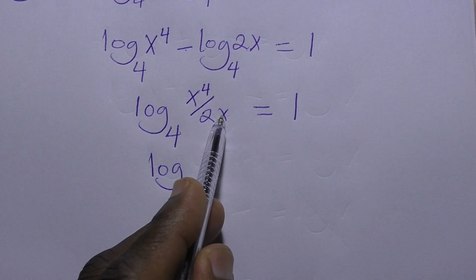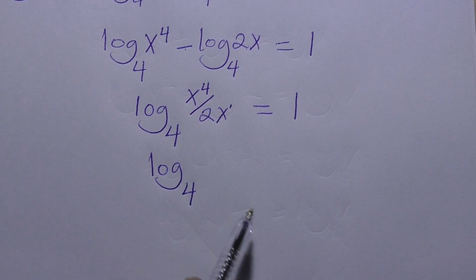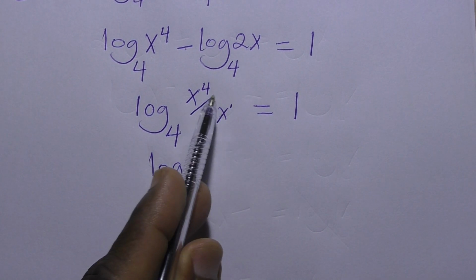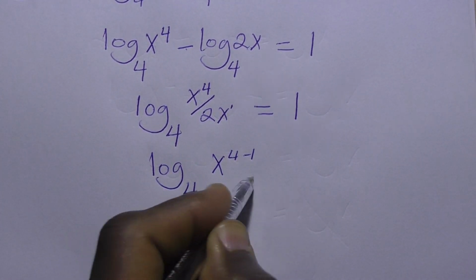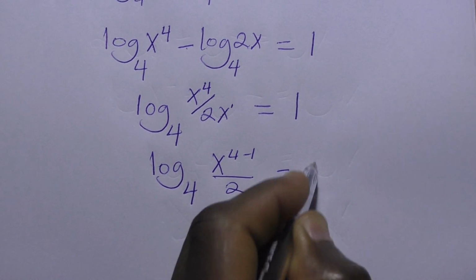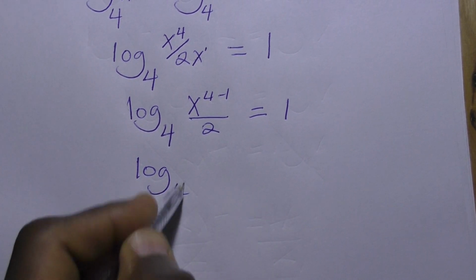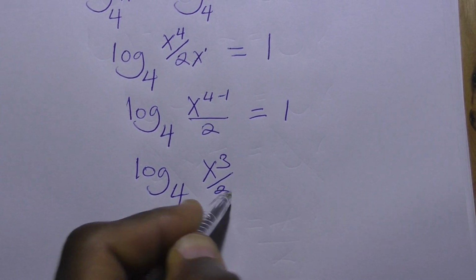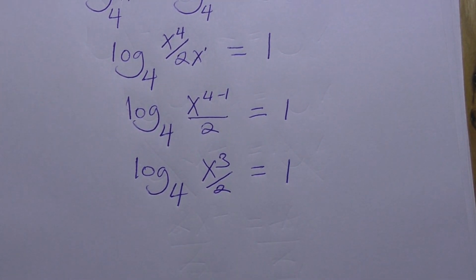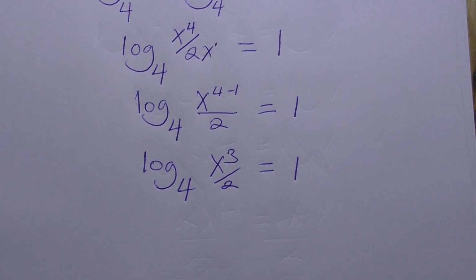We can reduce the x because this is a power 1, and when we borrow a leaf from indices, when we are dividing, we subtract the powers, so that becomes x power 4 minus 1 over 2 equaling 1, which gives us log base 4 of x power 3 over 2 equaling 1. And from this, we have two alternatives.